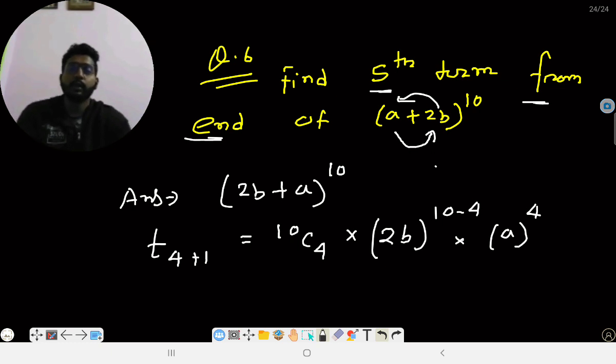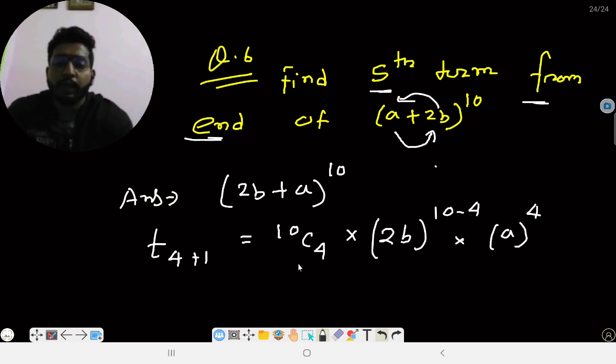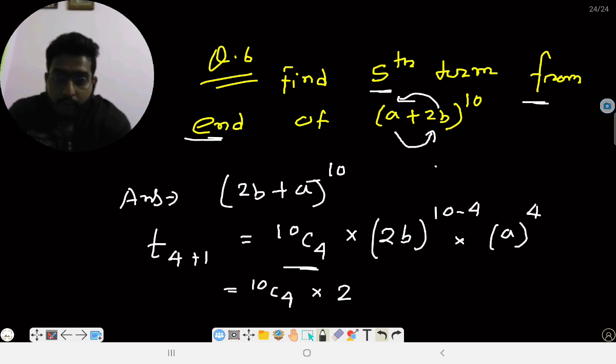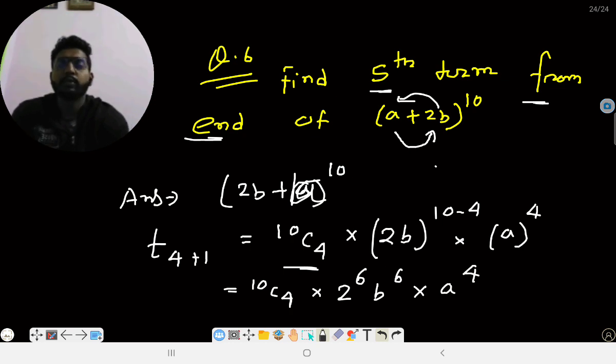Then we find the value of 10C4 into 2 to the power 6. So it will be 2 to the power 6 b to the power 6 into a to the power 4, and you have to solve this to get the answer.